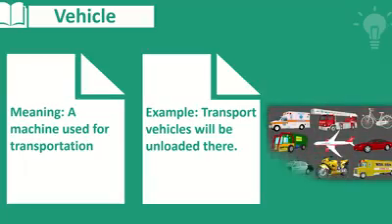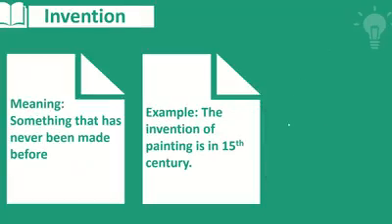Next vocabulary is vehicle, meaning a machine used for transportation. For example, transport vehicles will be unloaded there. The Bangla meaning is যানবাহন. Here we find some pictures of vehicles.